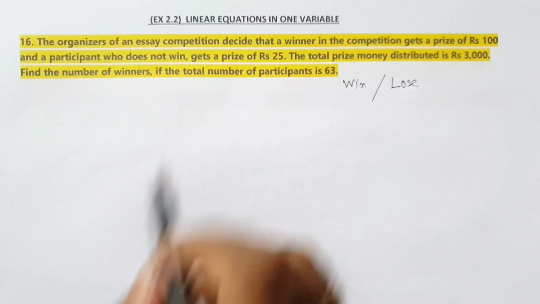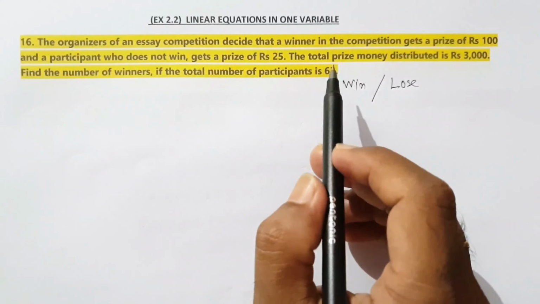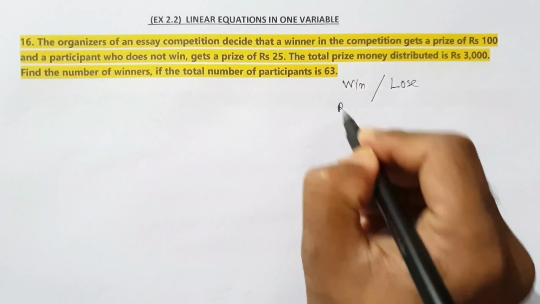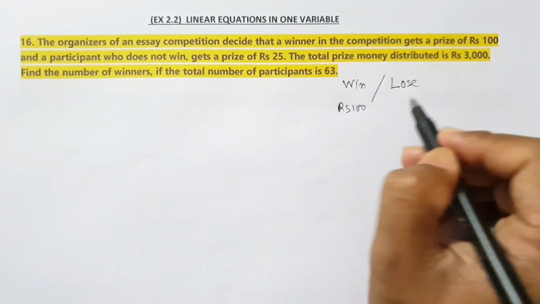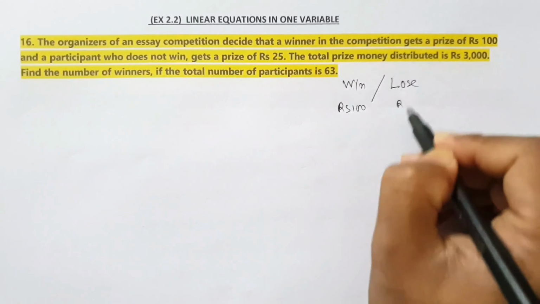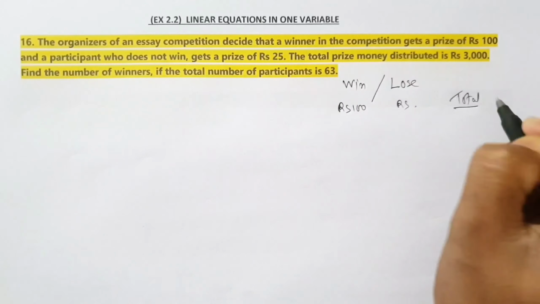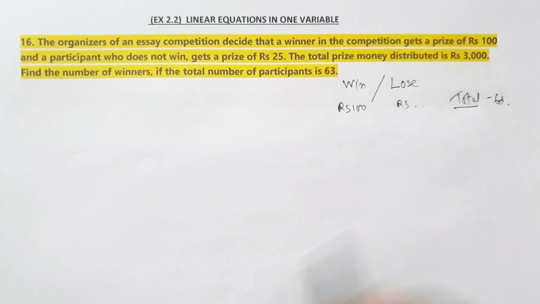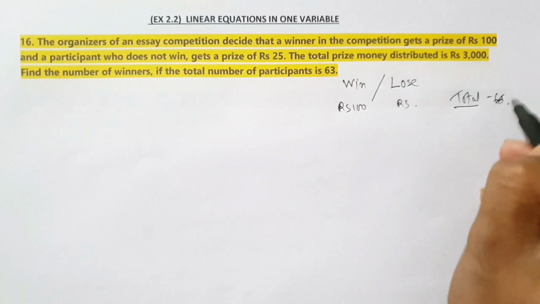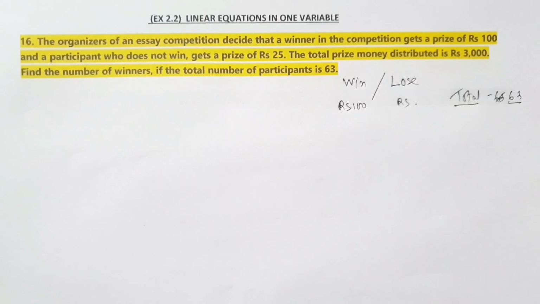According to the question, each winner gets rupees 100 and each loser gets rupees 25. And they said the total number of participants is 63. We need to find out the number of winners.